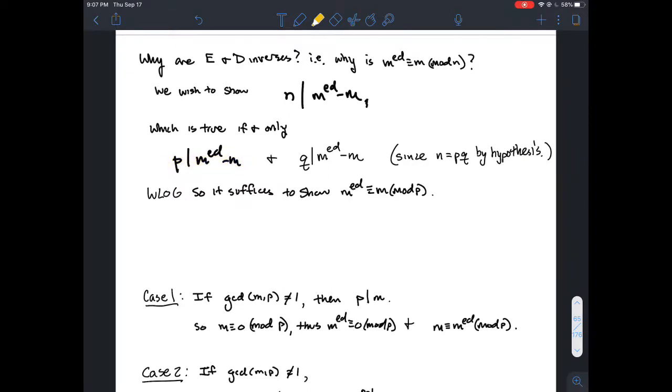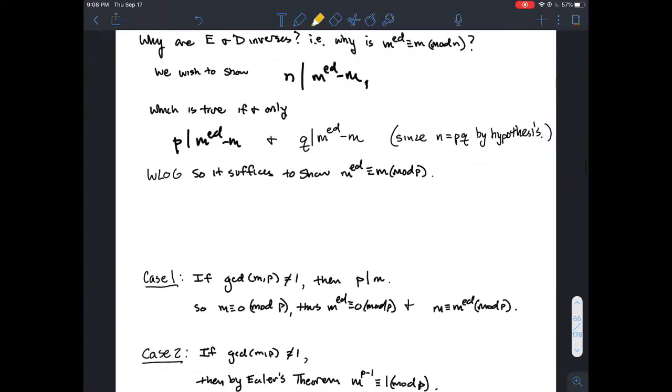The argument to do that is equivalent to if I do it for q. So I'm just going to do it for p. And now I'm just going to translate one more time to say that p divides m to the ed minus m. I just need to show that m to the ed is equivalent to m mod p. So that's what I'm going to show. So all of this is just trying to say that to show this, it suffices really to just show this one. And the case for q is very similar. So without loss of generality, we'll just do it for p.